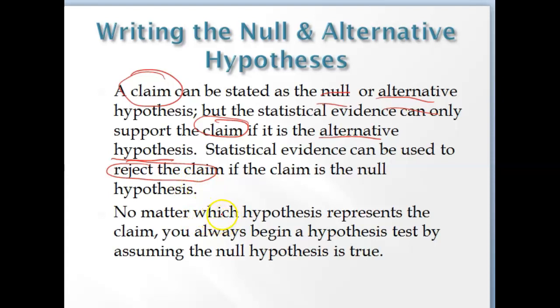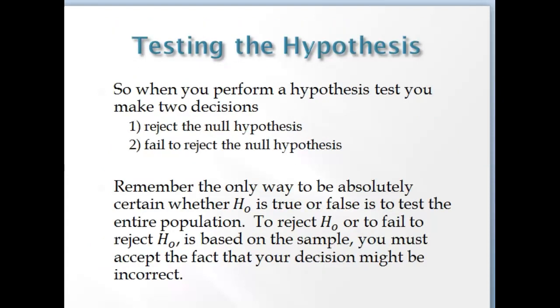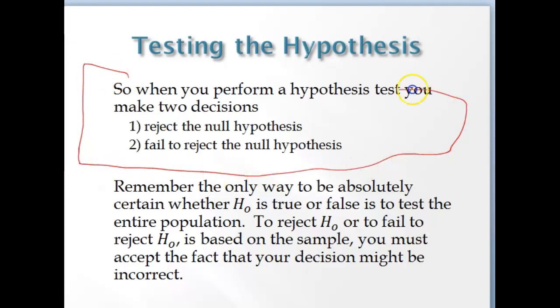No matter which hypothesis represents your claim, you always begin a hypothesis test by assuming the null hypothesis is true. So when you perform a hypothesis test, you make one of two decisions. You either reject the null hypothesis or you fail to reject the null hypothesis.